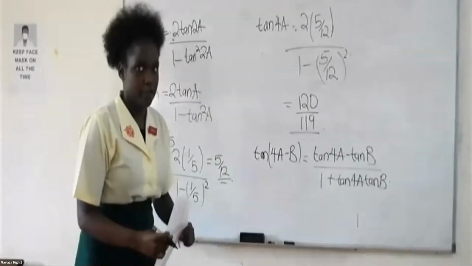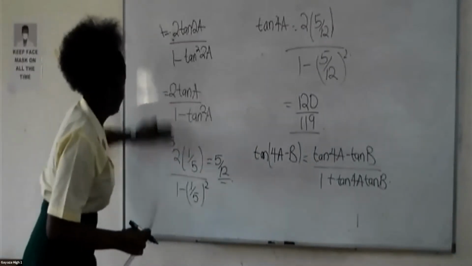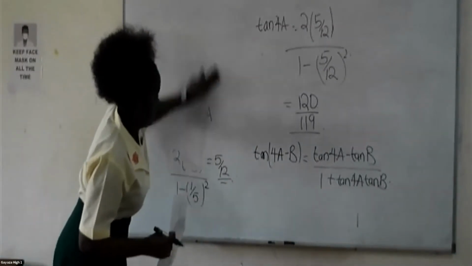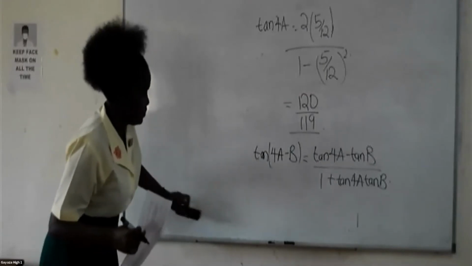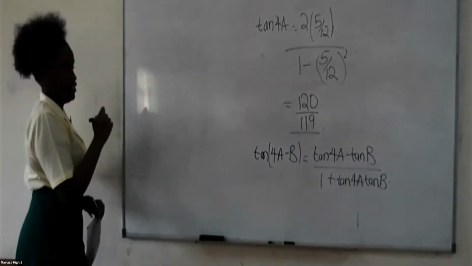I hope you're still following. So our tan 4A is 120 out of 119.